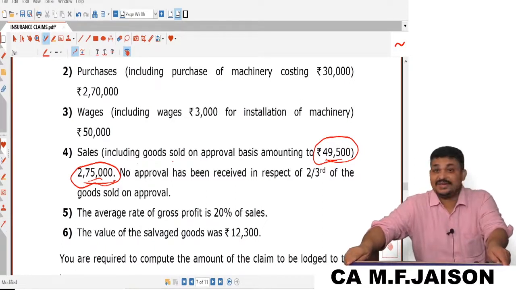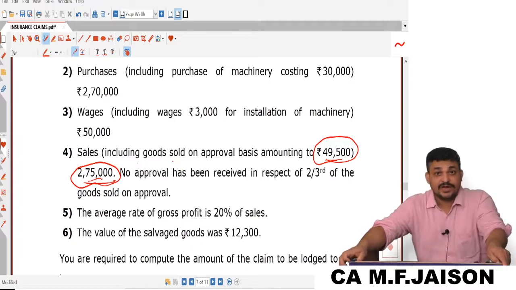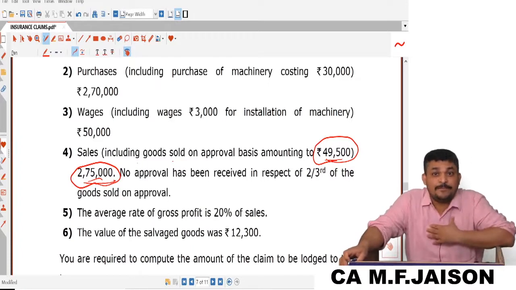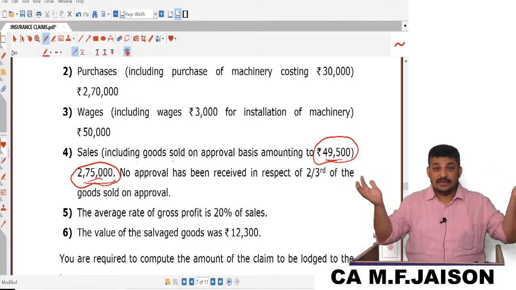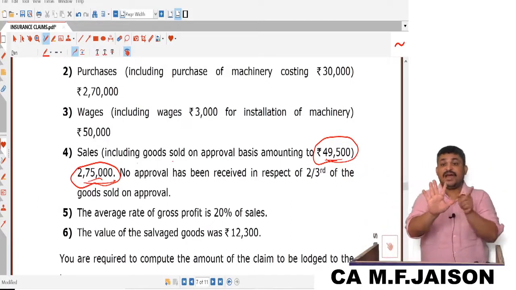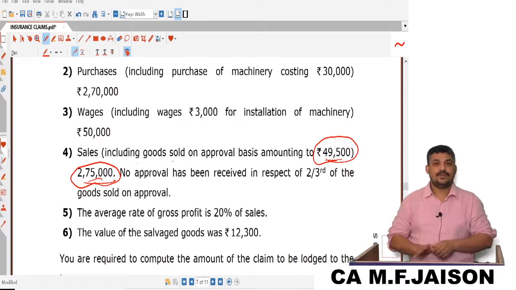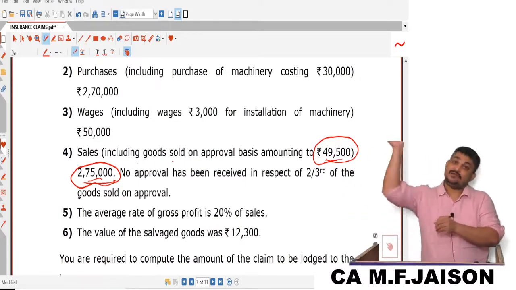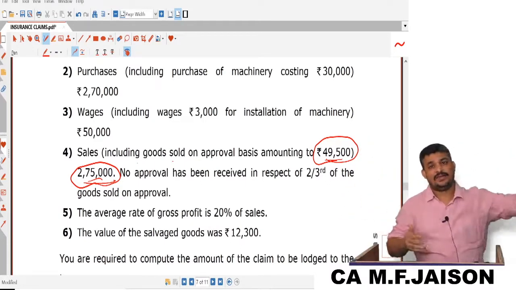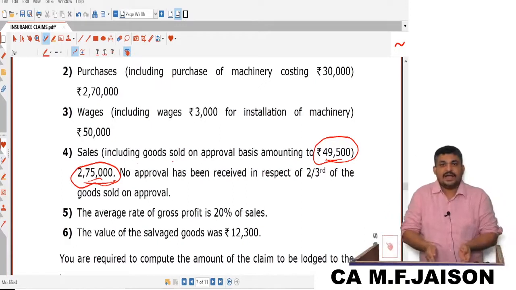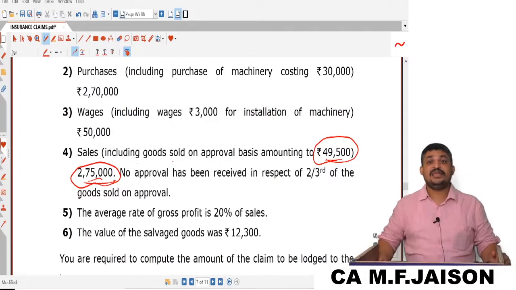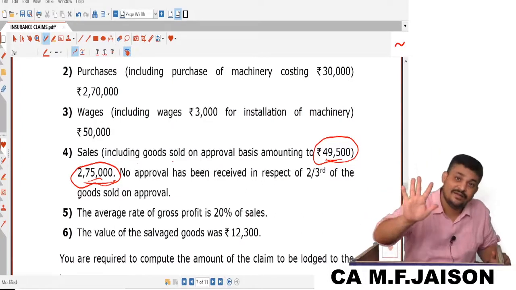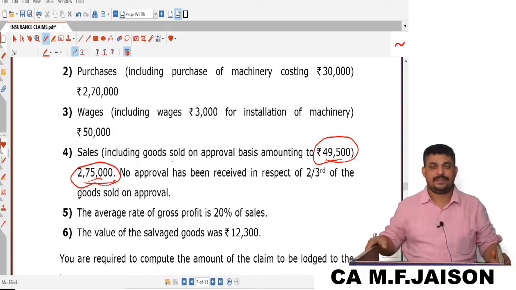Stock on date of fire does not mean the total stock for which I am the owner. I may have stock of 5 lakhs available in different places: 1 lakh with a customer, 1 lakh in one branch, 1 lakh in some other place. In this business shop I have only 2 lakhs, and those 2 lakhs I can take as stock on date of fire, even though I am owner of stock worth 5 lakhs. Understood?